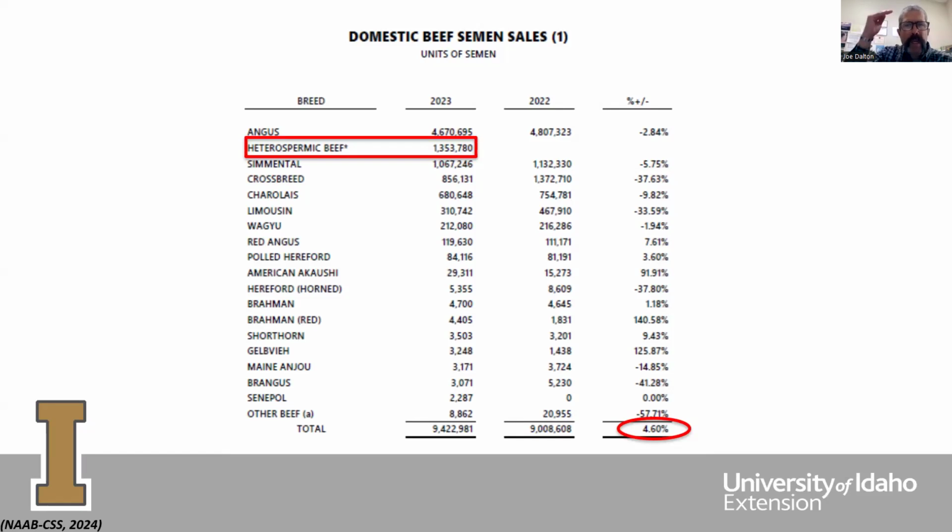You can see as we go from the top all the way down, the predominant breed that is used for AI is Angus, not surprising. But look at that second one there, heterospermic beef. Heterospermic beef is the second largest category, if you will, of beef semen that was used in 2023.